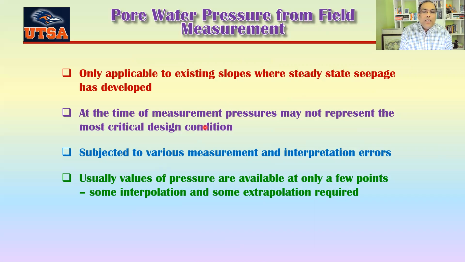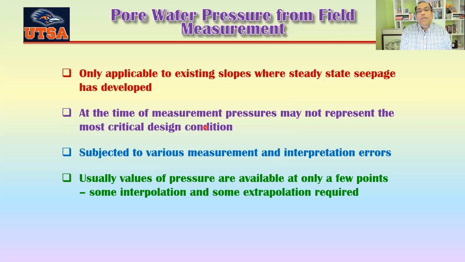This is subject to various measurement and interpretation errors. And sometimes we might need interpolation of the data if you want to change the location from one place to another place. Usually values of pressure are available at only a few points. Some interpolation and some extrapolation is required for other points, okay? And we also see the practical consideration.